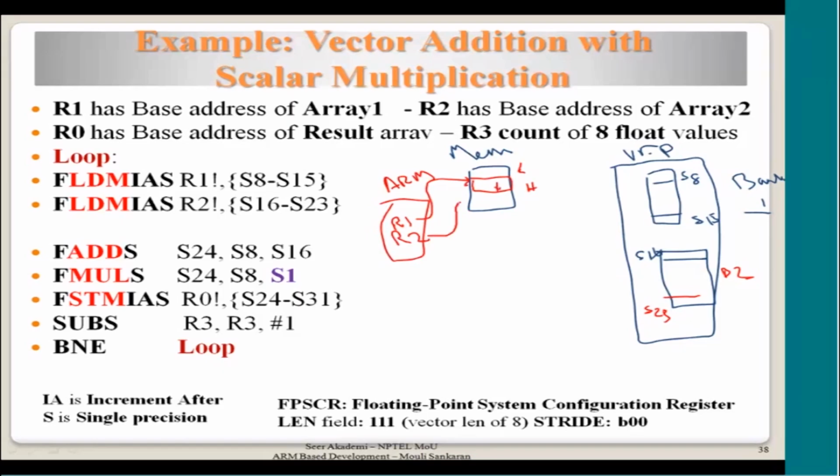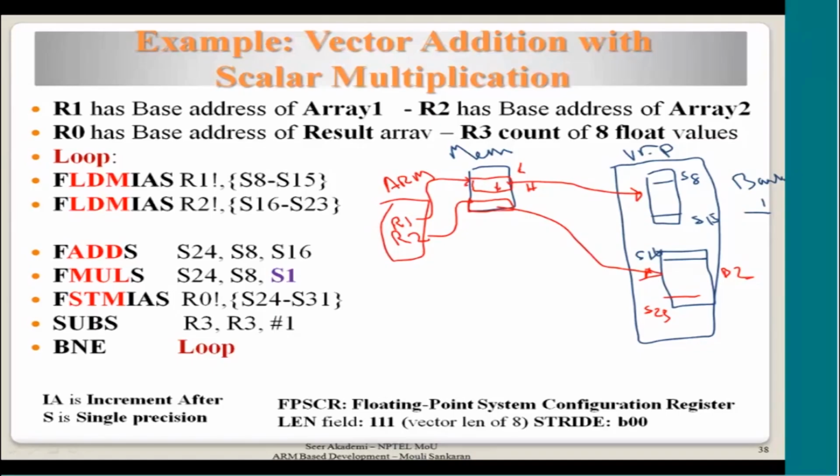And R2 is pointing to some other location in the memory, and that is fetched. And this data comes here. This data goes here. So ARM is generating the address, and then data is going into the VFP. It is not coming back to the ARM processor. It is going to the VFP because it is a coprocessor instruction. Got it?